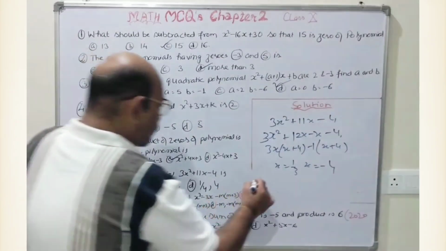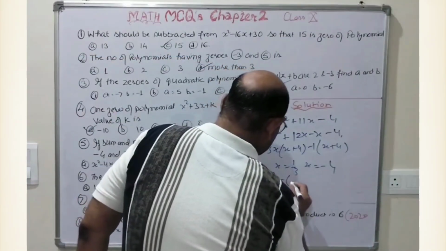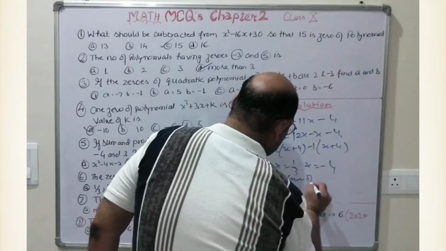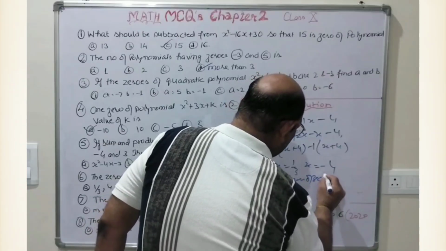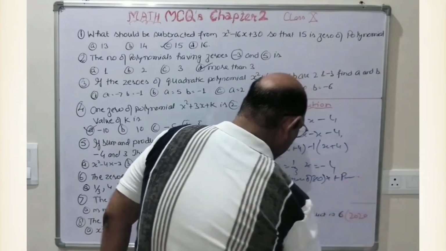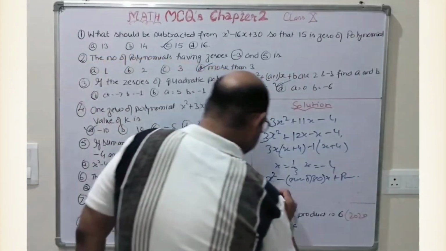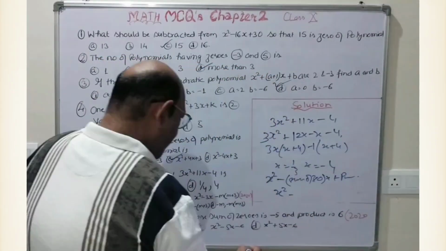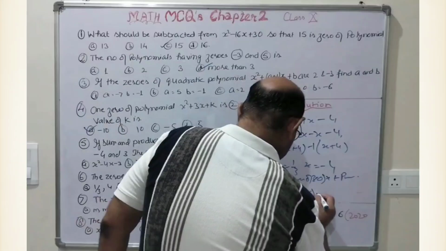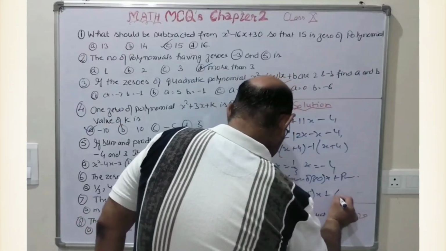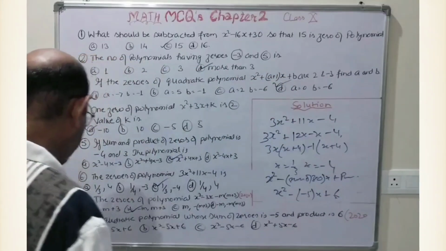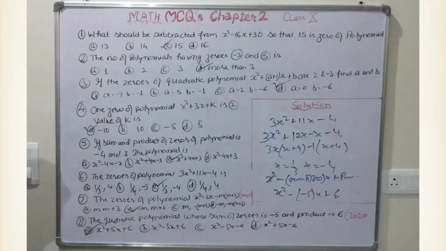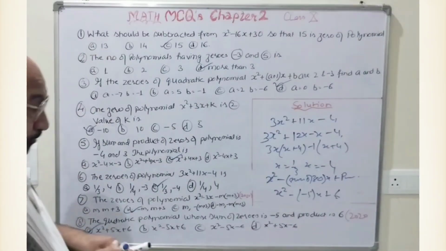Again, x square minus sum of zeros into x plus product of zeros. So x square minus (-5)x plus 6. So the polynomial will be x square plus 5x plus 6.